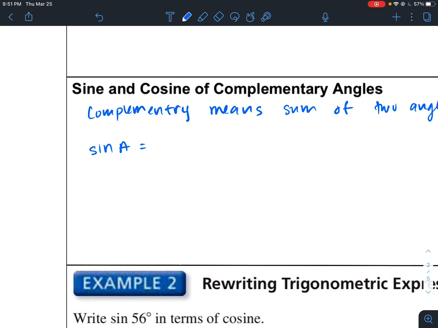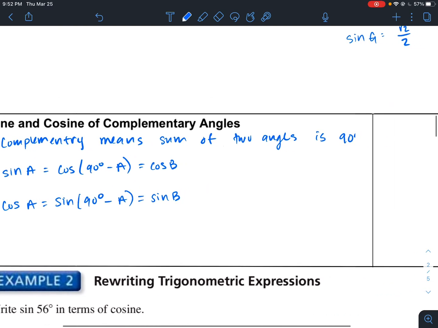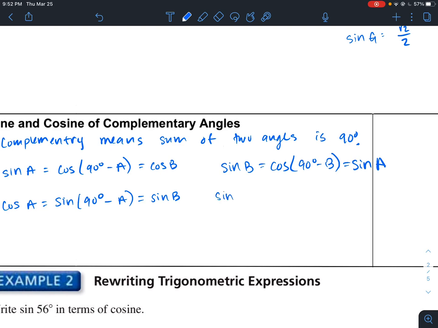So sine of A is equal to cosine of 90 degrees minus A, which would be equal to cosine of B. And cosine of A would be equal to sine of 90 degrees minus A, which would be equal to sine of B. Sine of angle B would be equal to cosine of 90 degrees minus B, which would be equal to cosine of A, and cosine of B would be equal to sine of 90 minus B, which would be equal to sine of A.